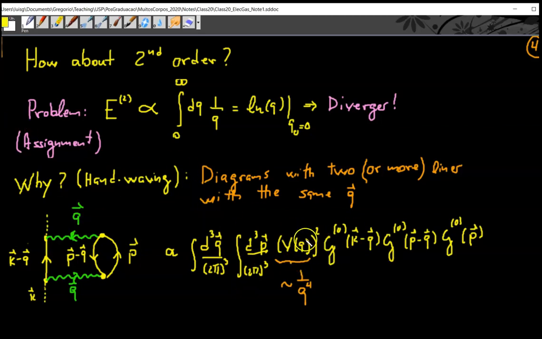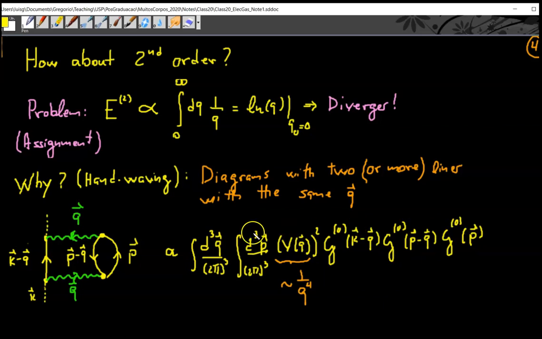Okay, so there's a q here. I'll have two interaction lines, so I'll get a Vq squared. And remember, Vq goes with 1 over q squared, so Vq squared goes with 1 over q to the fourth. And I have these other three propagation lines, right? One that doesn't depend on p, and the other two that do.